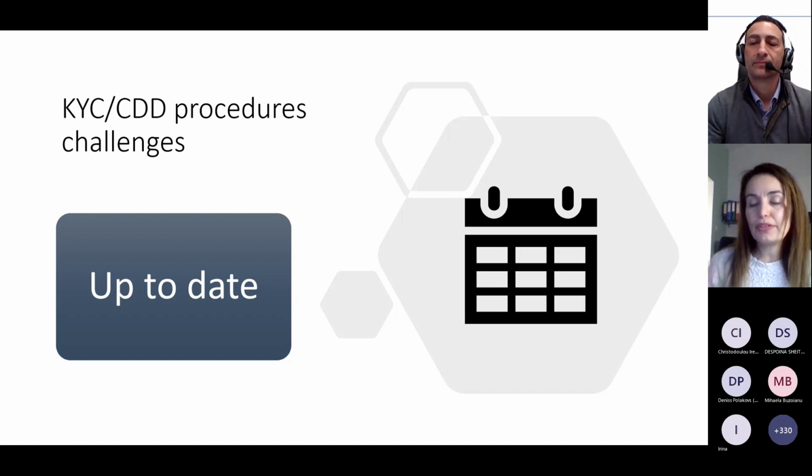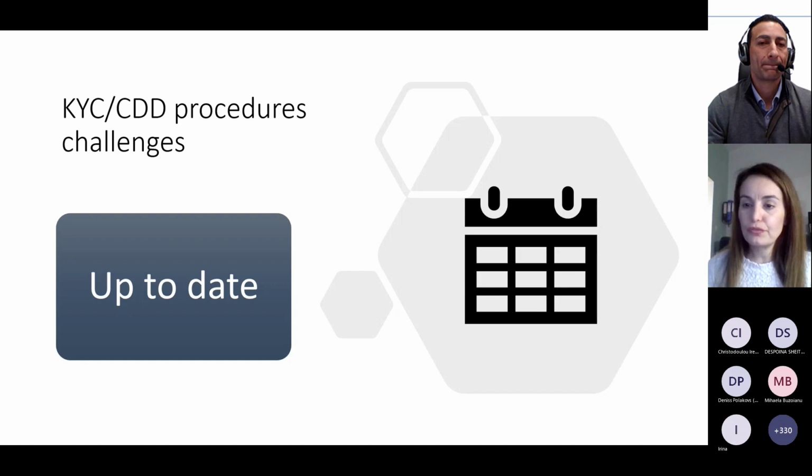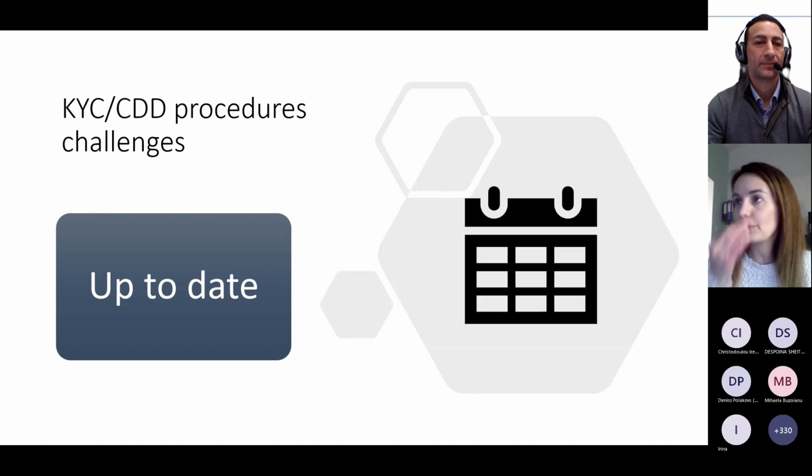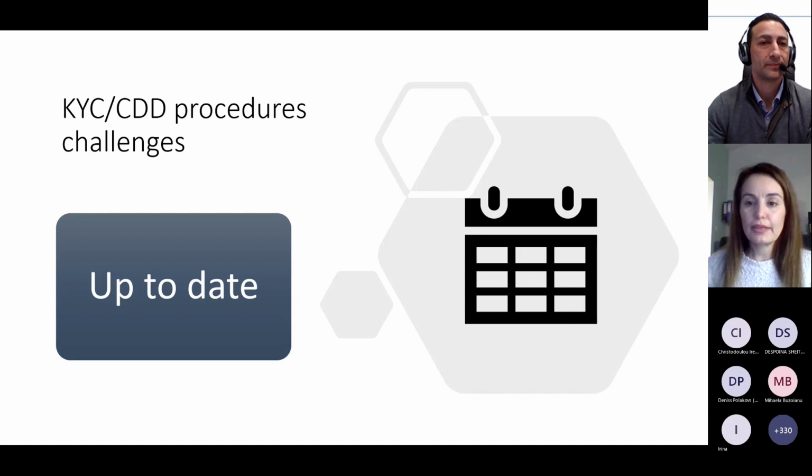So every entity must have a list of potential sources of wealth and source of funds, what the customer says, and how to verify it. It's challenging. I'll give another example. If he says that it's from crypto minting, okay, can he prove that?